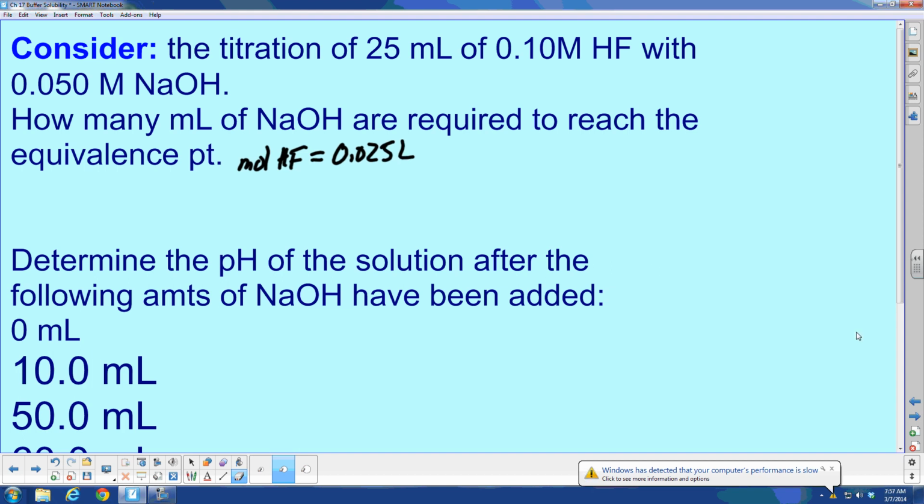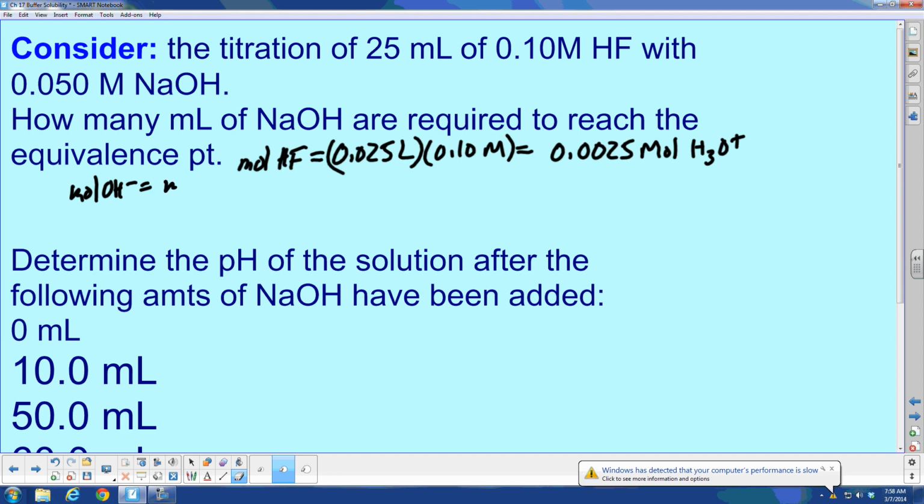0.025 liters times 0.10 molar, and that gives me 0.0025 moles of weak acid. We know that moles of hydroxide equal the moles of my weak acid at the equivalence point.